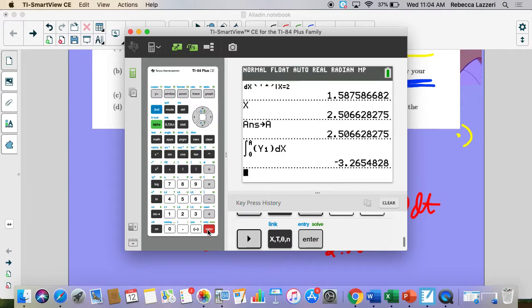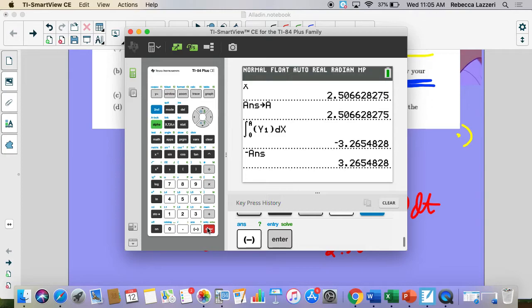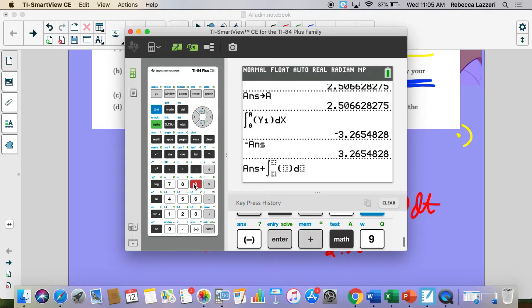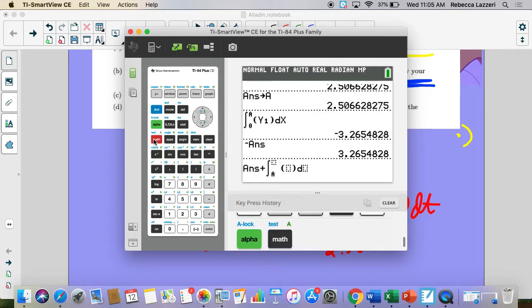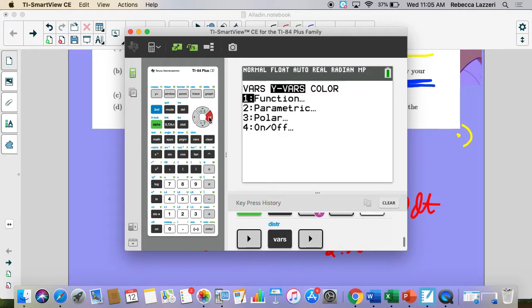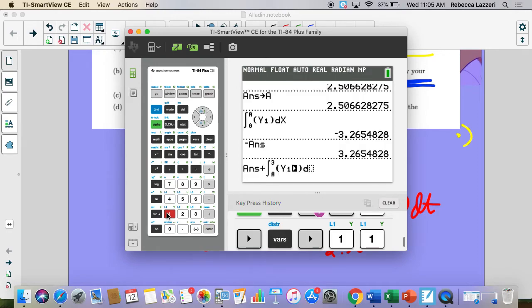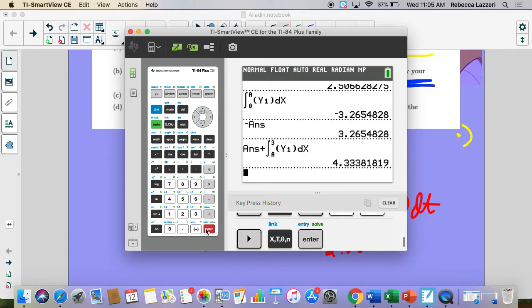So I'm going to negate that answer, and then add on the integral from A, don't call it A on your paper, you'd write 2.506, to 3 of what we have in Y1. Be careful you're pulling the right thing in, dx. And so do you see we get 4.333 or 4.338?